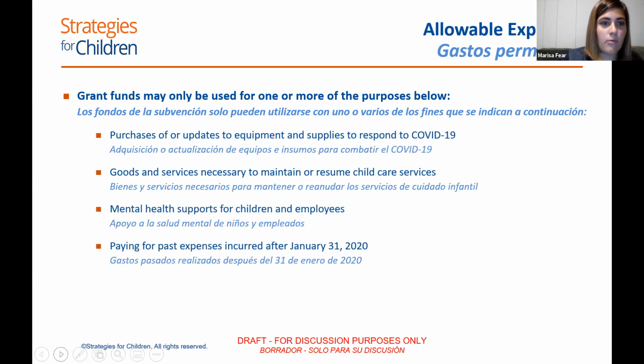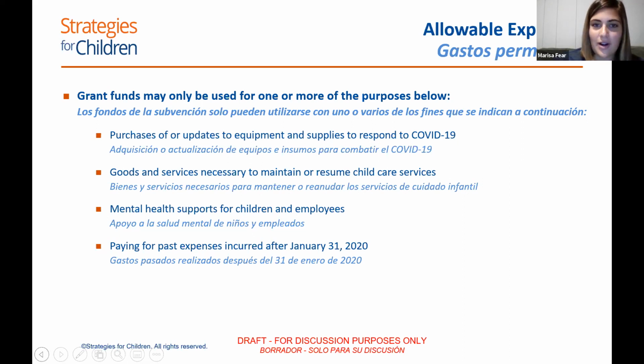So what is important here is that the department will be including a midpoint and a post-point grant report. So what you'll need to know is that programs are responsible for maintaining documentation of how you are using these funds. And then with the attestations, you're responsible for maintaining documentation about compliance with the attestations.